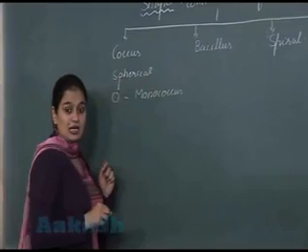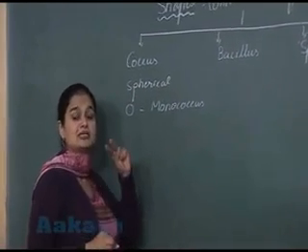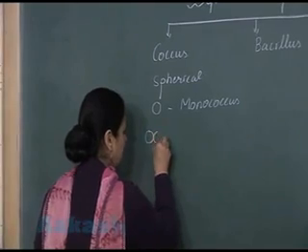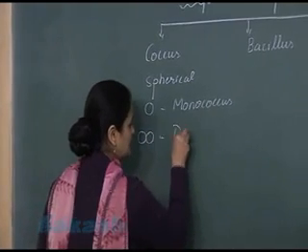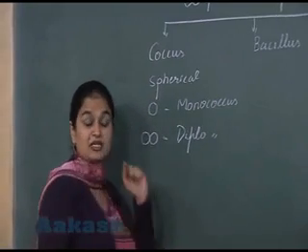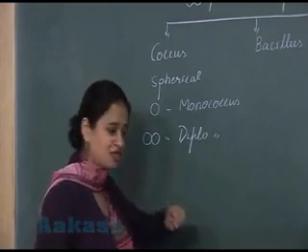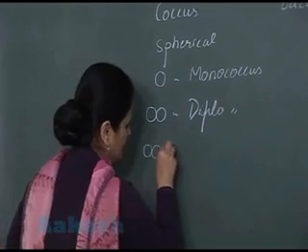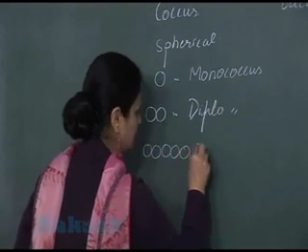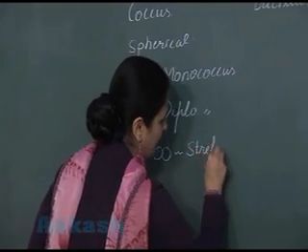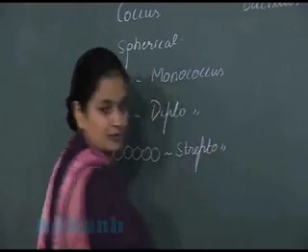If these bacteria occur in pairs, then it is known as diplococcus. If they occur in the form of chains of coccus bacteria, then it is known as streptococcus.